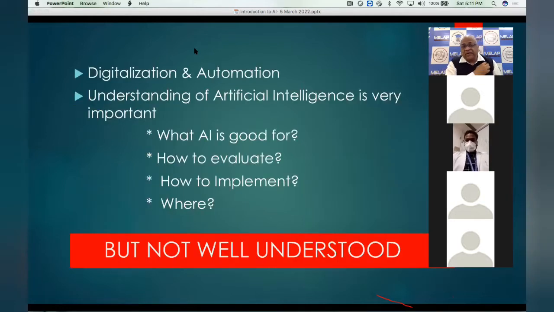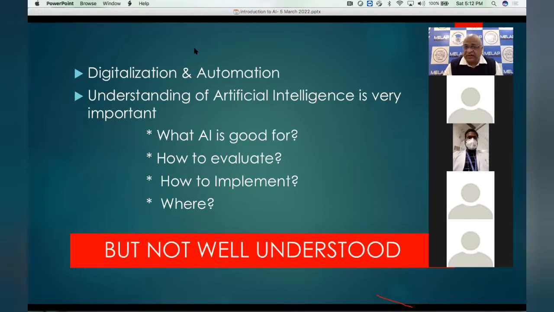We have to understand, and now everybody these days is talking about digitalization. The government is also saying we have to develop Digital India. And in our laboratory, we talk about automation. Automation is helping us tremendously. But what is important?